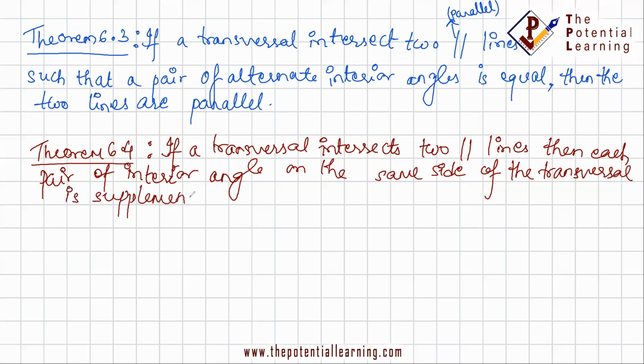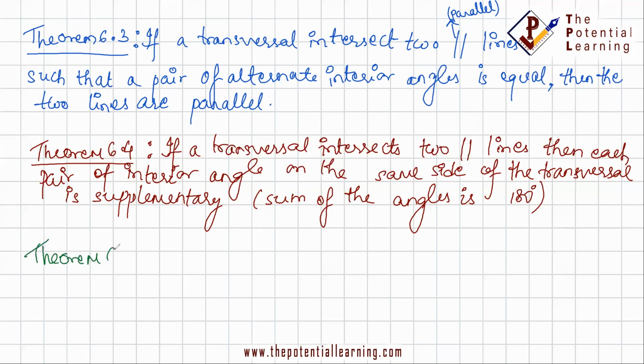Supplementary as in the sum of the angles is 180 degrees, right? So this is also proved with that theorem. Now the next theorem, we will be applying these theorems in our next examples also.